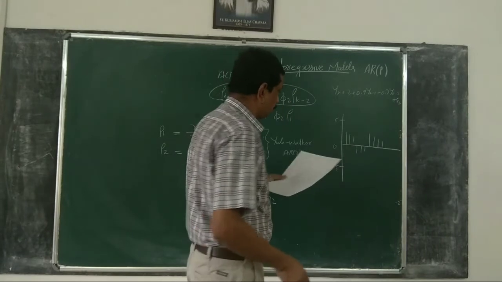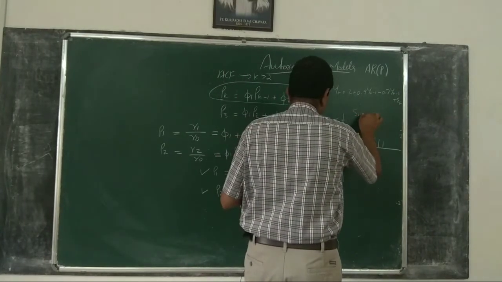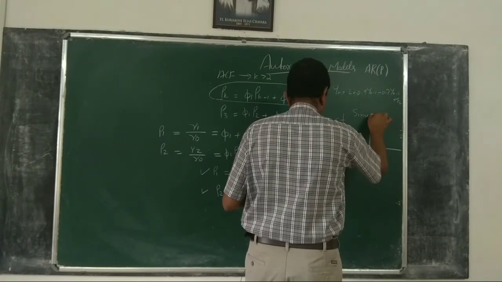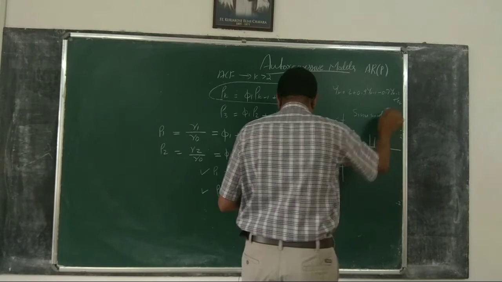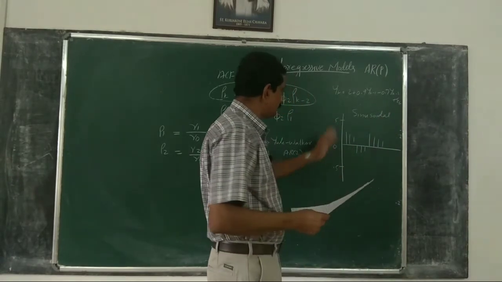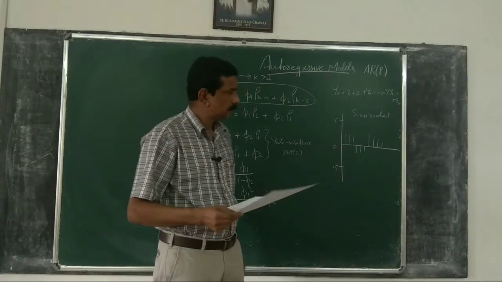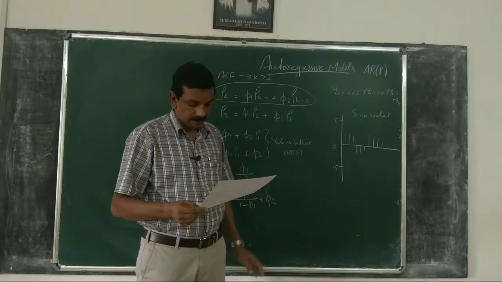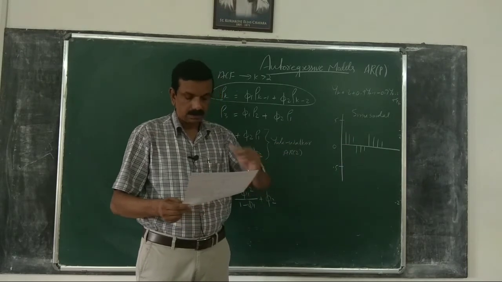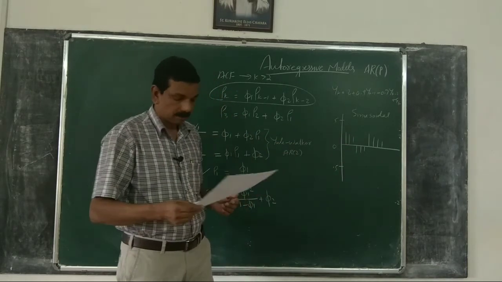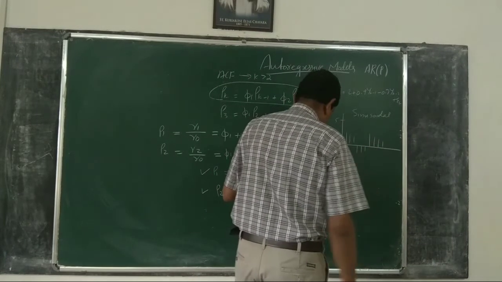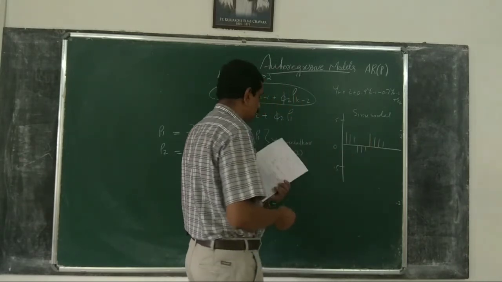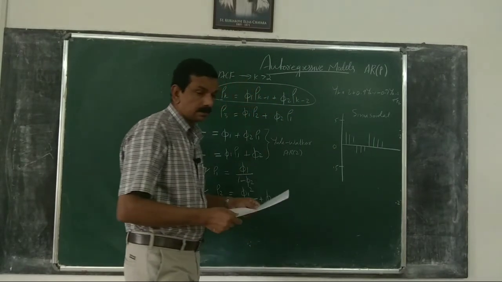And this graph is a sinusoidal function. So, for an AR2 process, the autocorrelation function may be geometrically damped, oscillating, or sinusoidal. All these patterns are possible for an AR2 process.